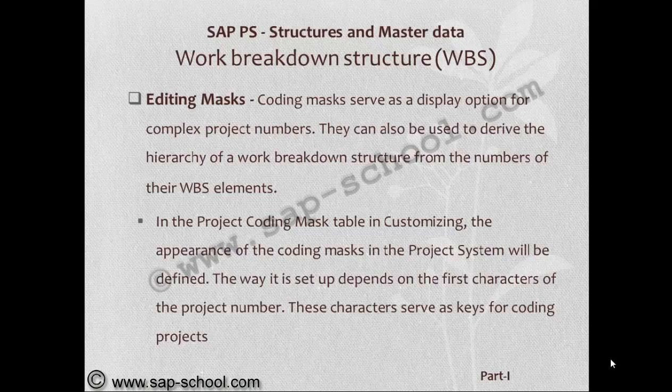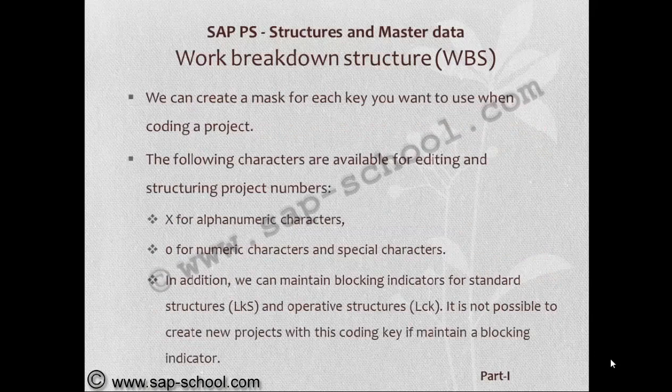The way it is set up depends upon the first characters of the project number. These characters serve as keys for coding projects. We can create a mask for each key we want to use when coding a project.